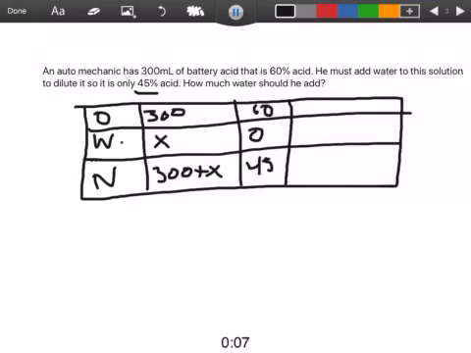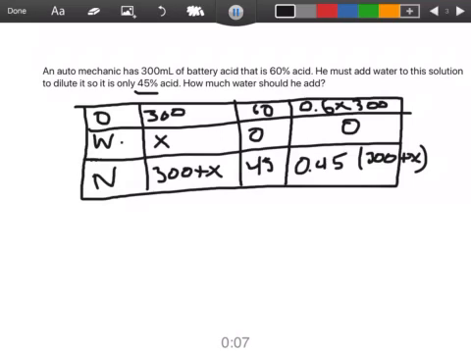And so our amount of acid, since this is percent, is 0.6 times 300. x times 0 equals 0. Then 0.45 times 300 plus x. So, original amount of acid plus added acid equals the new amount of acid.